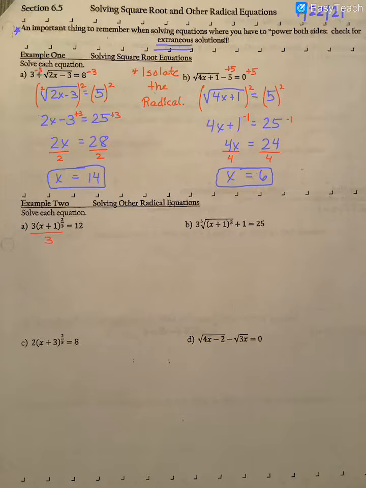If I divide the left side of the equation by 3, we have to divide the right side of the equation by 3. The 3's will cancel. And so we're going to have x plus 1 raised to the 2/3 power on the left. And on the right, 12 divided by 3 is going to equal 4.